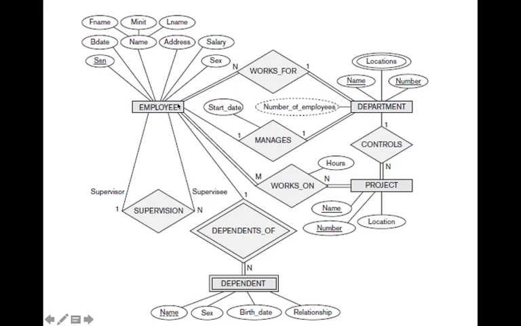Then there should be total participation because every employee should work for some department. That is why we specify double lines. And on the department side it is also double lines. Every department will have some employees, then only will there be a department.